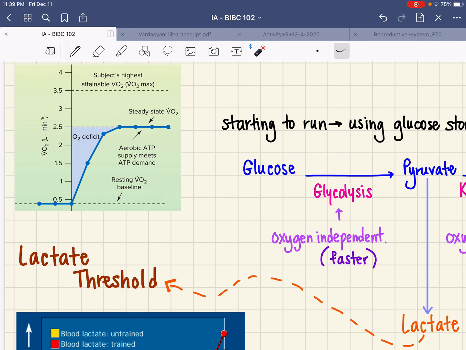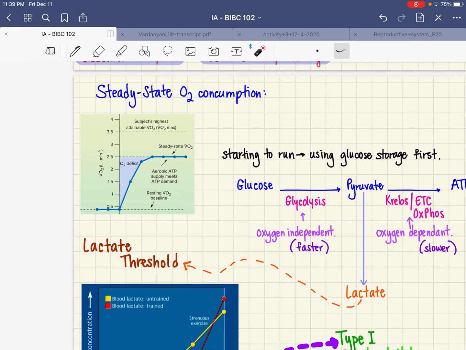And then when I start to come around to the steady state oxygen consumption, then I am able to have enough oxygen to do oxidative respiration. For example, Krebs, oxidative phosphorylation, and also fatty acid breakdown, because all of those happen in the mitochondrion, right? Okay.